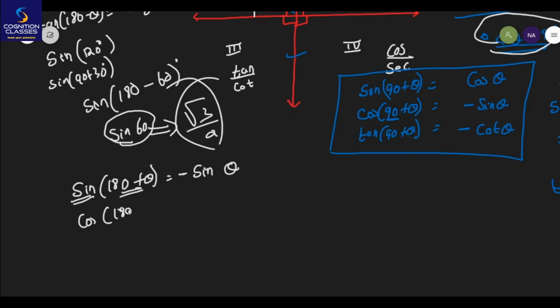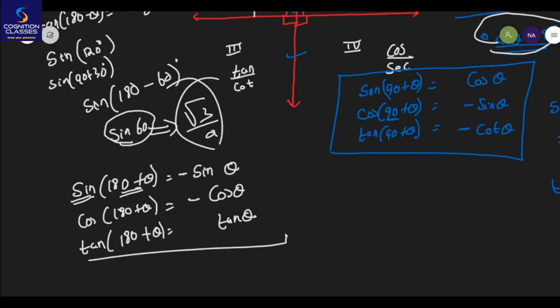Similarly, cos 180 plus theta: 180 degrees is the axis of no change, so we write cos theta. In the third quadrant cos is also negative, so I will apply a negative sign here. Then we have tan 180 plus theta. Tan stays as it is, and 180 plus theta means third quadrant where tan is positive, so its value will remain as it is. I hope the concepts are becoming a bit clearer to you now.